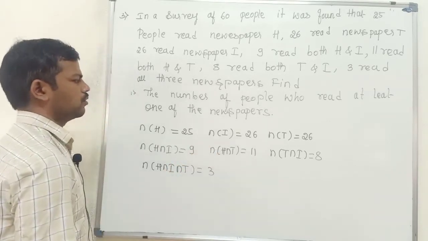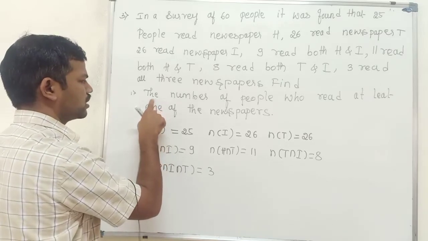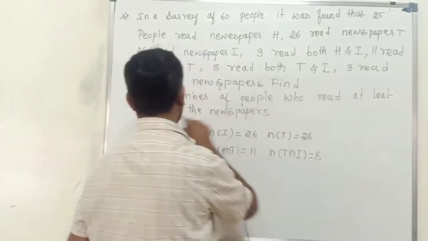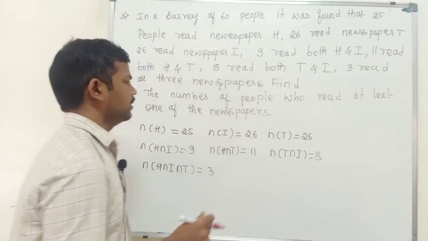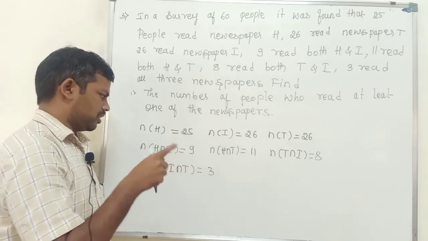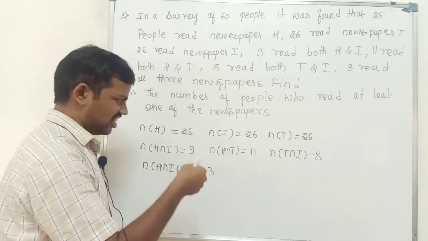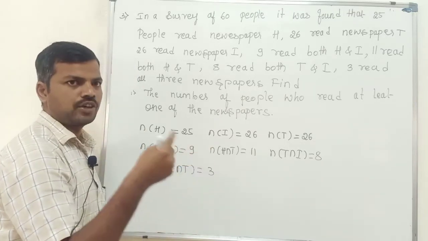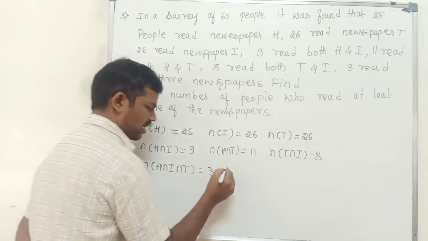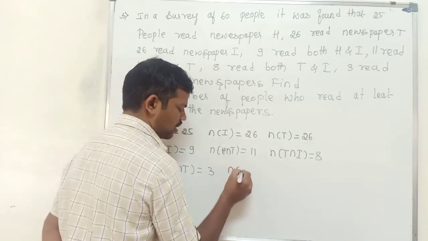Next, what they want to ask is the number of people who read at least one of the newspapers. At least one means H or T or I, and the word 'or' means union. So what they ask us to find out is the union.